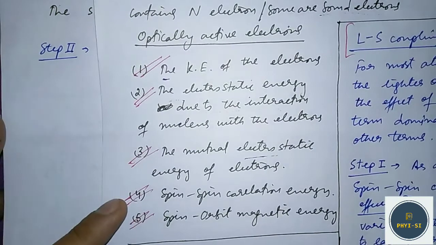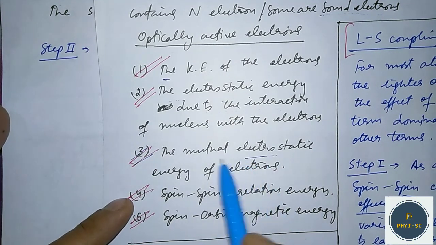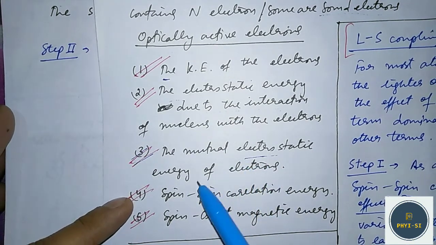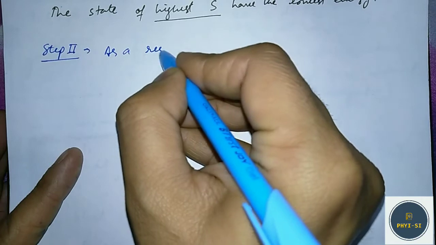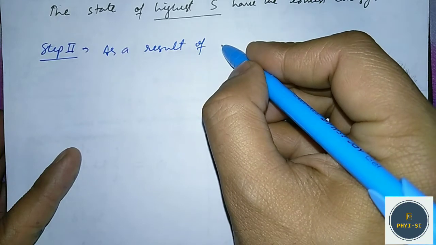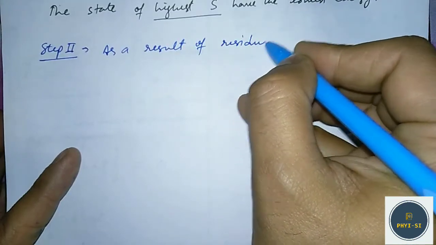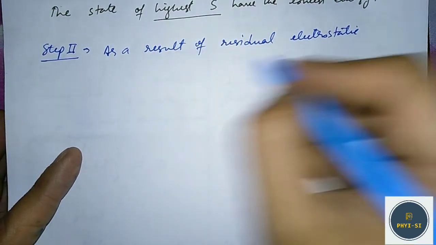In step 2, the third term, that is due to the residual mutual electrostatic interaction energy of the electrons, we have the orbital angular momentum as a result of the residual electrostatic interaction.